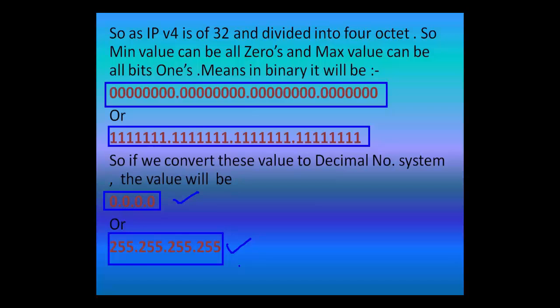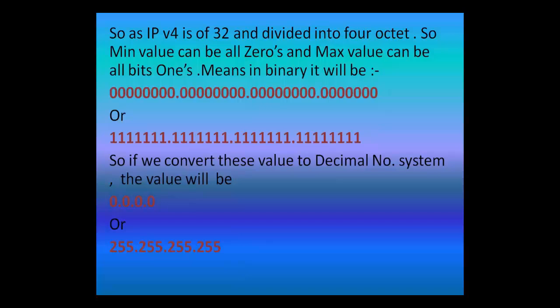Clear about the structure of IP? 32-bit address divided into 4 octets. Each octet has 8 bits. The minimum value can be all zeros, and the maximum can be all 1s. When we convert this into the decimal number system, I told you it's very important to understand the decimal and binary conversion, it becomes 0.0.0.0 to 255.255.255.255.